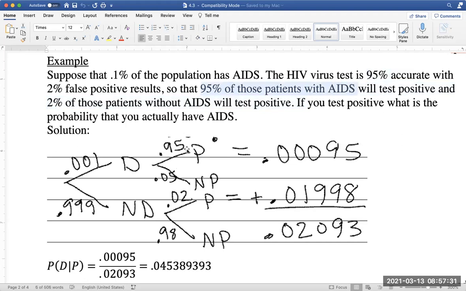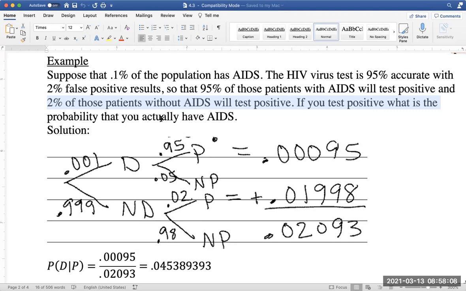So 95% of those with the disease will test positive. The remaining 5% will test negative. 2% of those patients without AIDS will test positive. So there's 2% false positive results. So 2% of those people without the disease will test positive. Therefore, the remaining 98% will test negative.